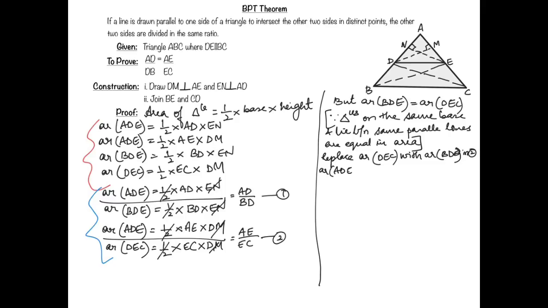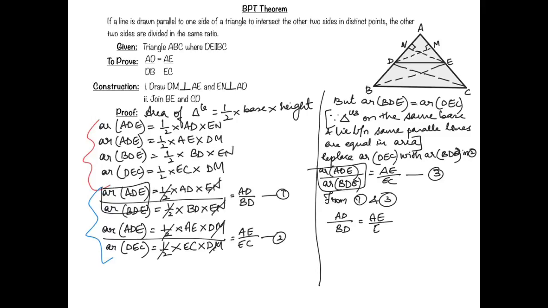Area of triangle ADE upon area of triangle BDE is equal to AE upon EC, and we will name this our result 3. When you look at results 1 and 3, our left hand sides, area of triangle ADE upon BDE, are the same. So the left hand sides are equal, therefore the right hand sides are equal, that is AD upon BD is equal to AE upon EC. So this is what we were supposed to prove.